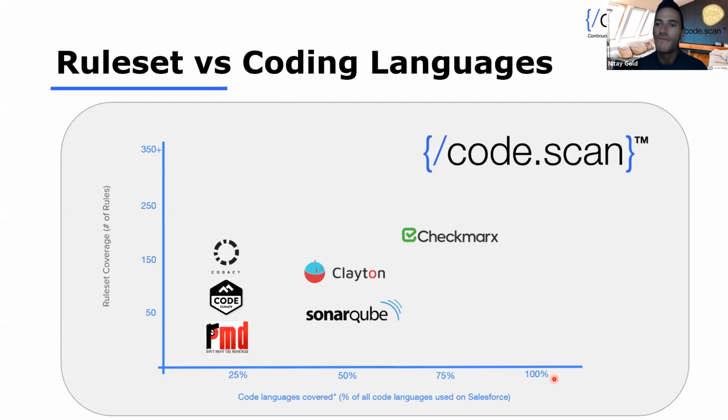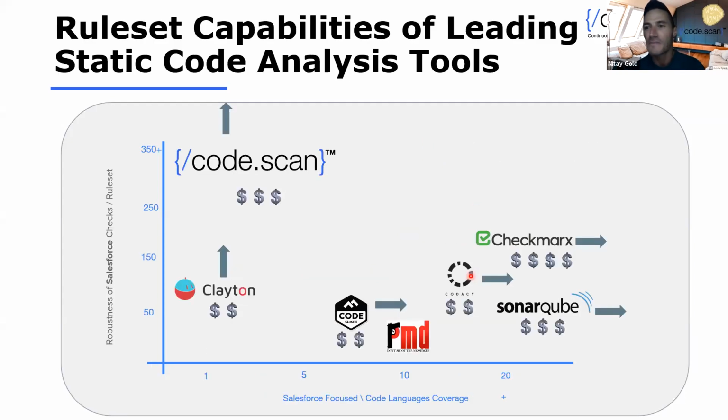And this is where we fit in. Okay, so it's important to understand that map when you choose the static code analysis tool. Another map that we have here is how many languages each tool covers outside of Salesforce.